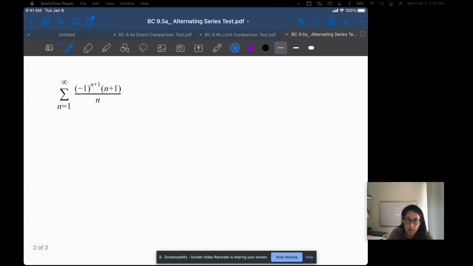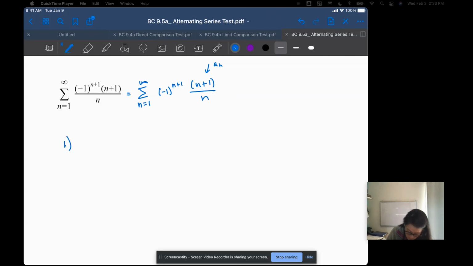So I have the sum from n equals 1 to infinity of -1 to the n plus 1 times n plus 1 over n. I mean, really, we could just rewrite this as the sum from n equals 1 to infinity, -1 to the n plus 1, so that alternates, times n plus 1 over n. So this part is going to be my a sub n.